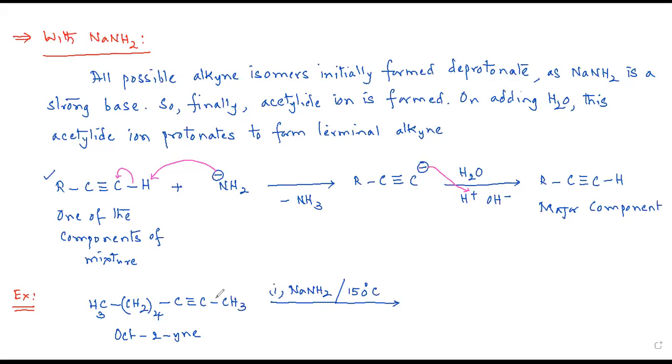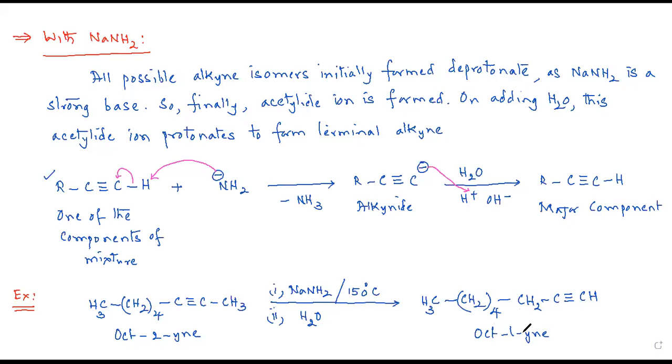Of course, that becomes an acetylide or alkynide of this type. And then we need water to protonate the alkynide form. So finally, we end up with this oct-1-yne.